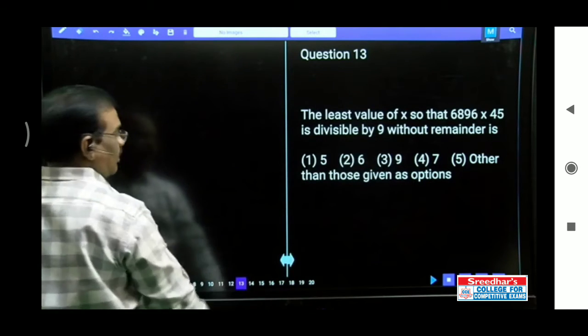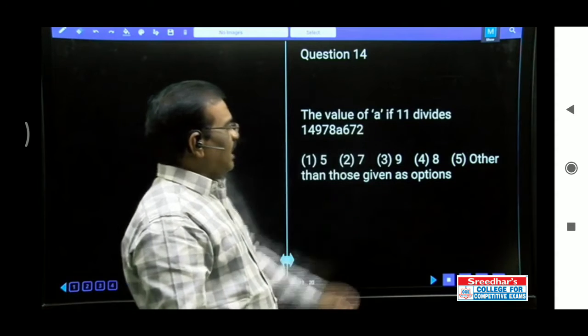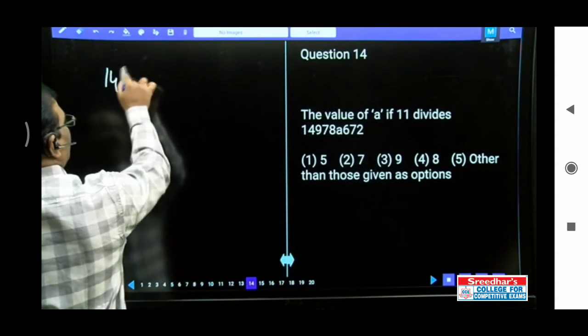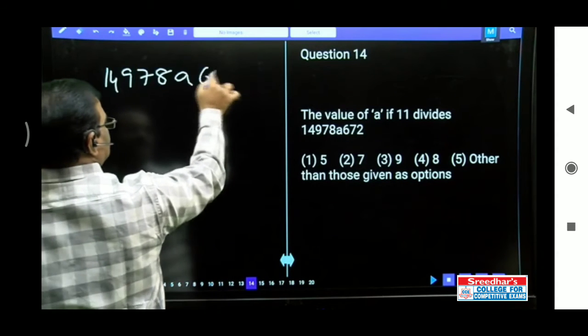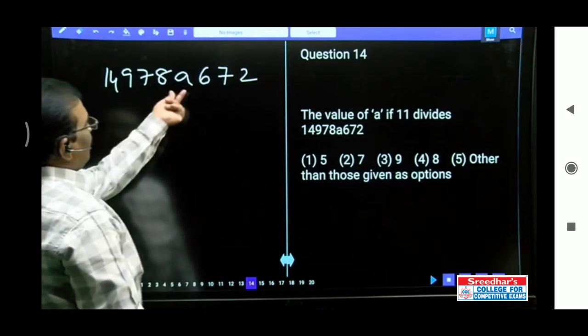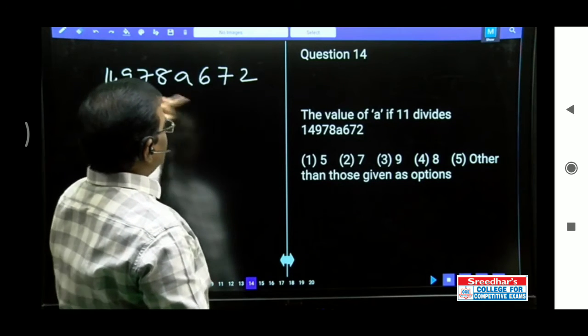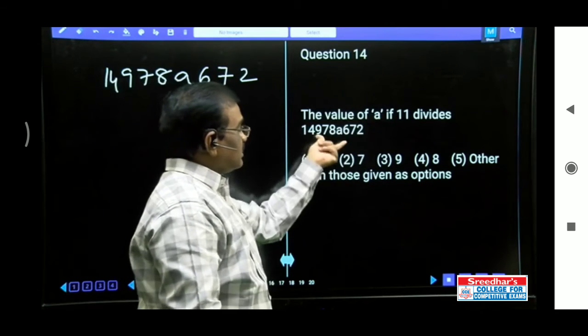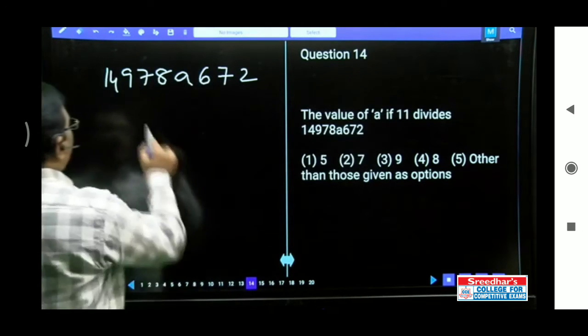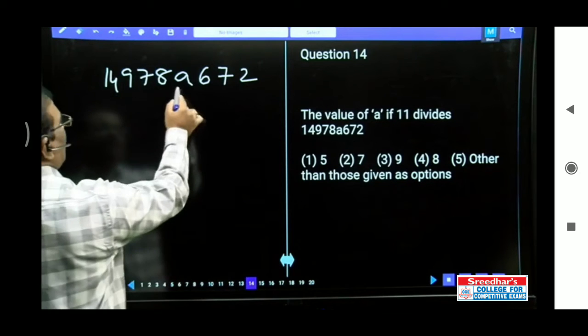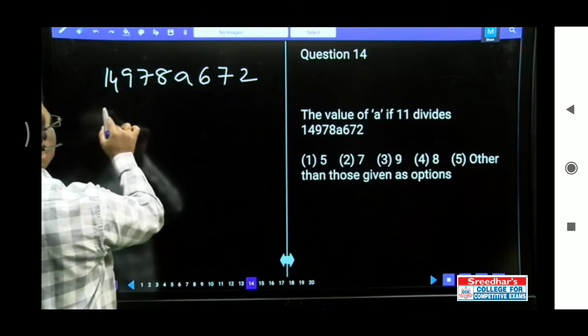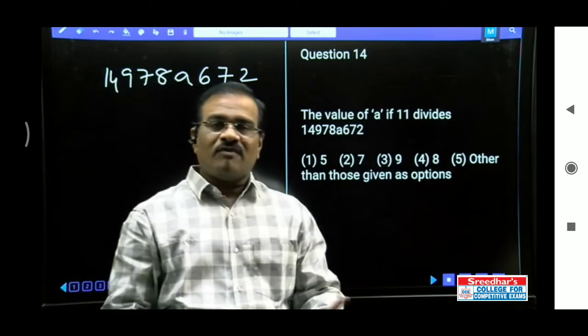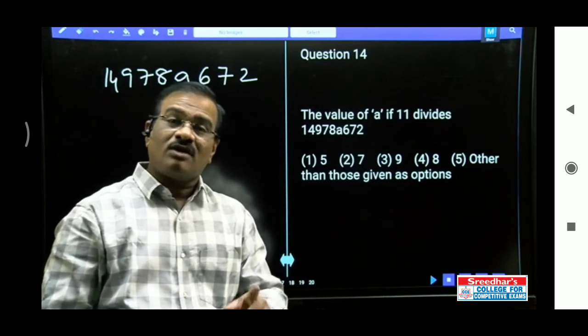Next 14th question: the value of a if 11 divides 1 4 9 7 8 a 6 7 2. You have to find out the value of a if 11 divides this number, this number is exactly divisible by 11 అని చెప్తున్నాడు. ఈ నెంబర్ 11 చేత exactly divisible అవ్వాలంటే what should come in the place of a, ప్లేస్ లో ఎంత ఉండాలి. సో 11 కండిషన్ ఏంటండి: the sum of the digits in even places is equal to sum of the digits in odd places, or they differ by multiple of 11.